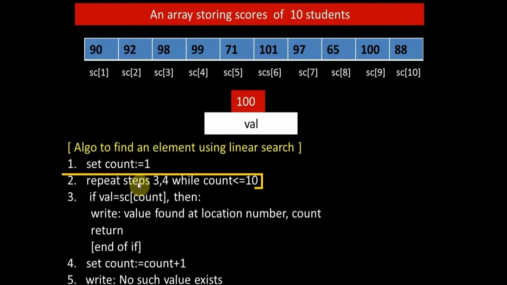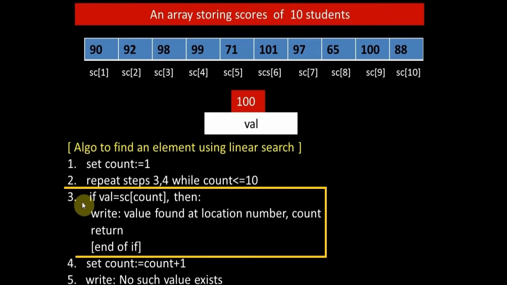After that, I would apply the loop, repeat steps 3, 4 while count is less than equal to 10. So the loop will start with the value of count 1, and after that it will keep moving. And what I will do is when I will reach step number 3, which happens to be part of the loop, I will make the check if val is equal to SC[count].